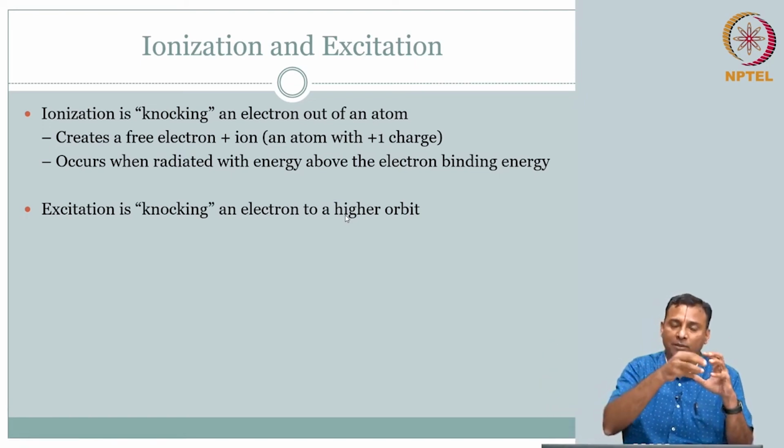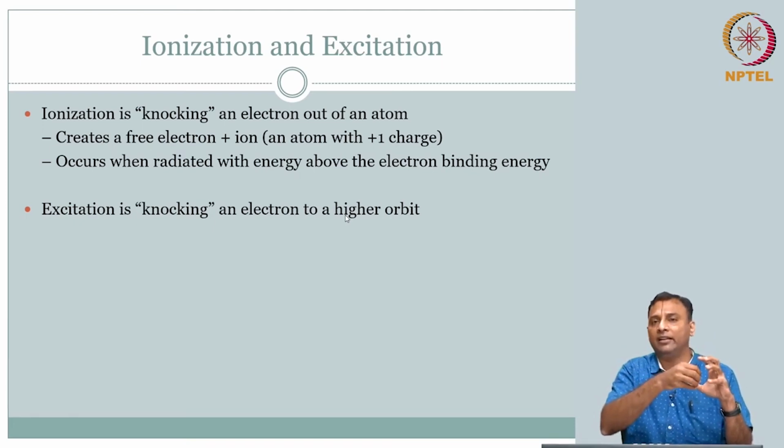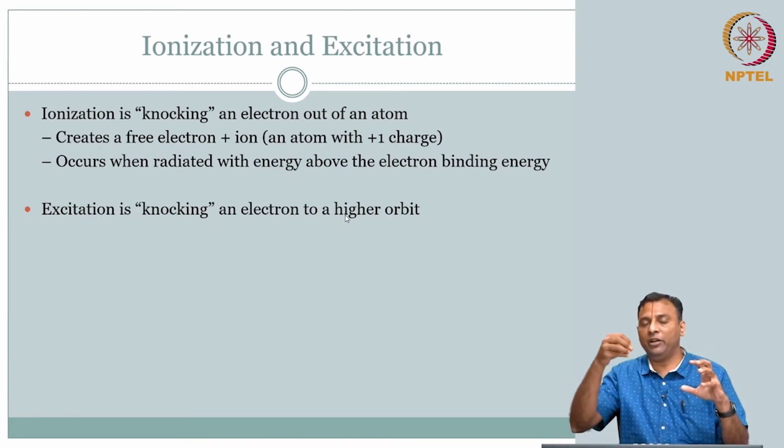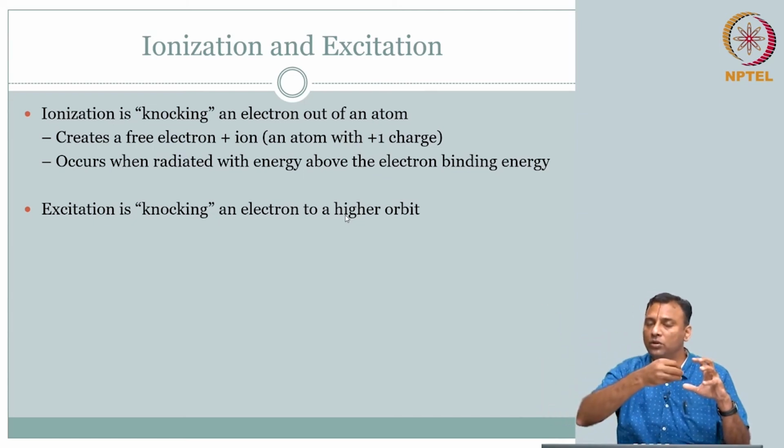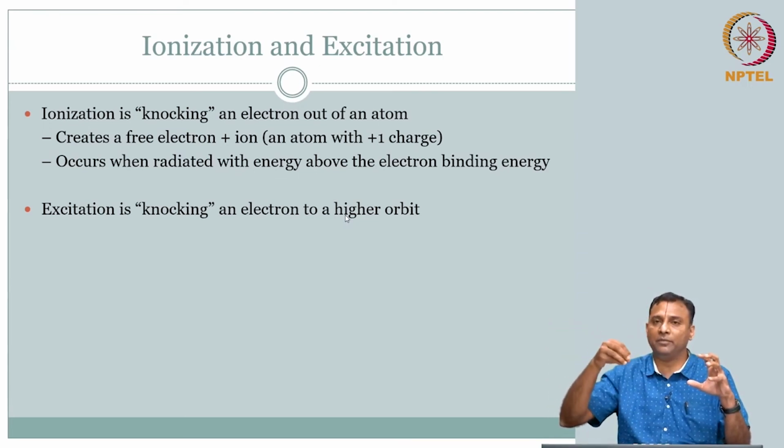So, excitation is knocking an electron to a higher orbit, not outside the atom. I am putting some energy to pull the electron out, so from K it is coming to L, then to M. In order to completely come out of the atom, it needs to come out of all the influence, but I did not provide that much energy.